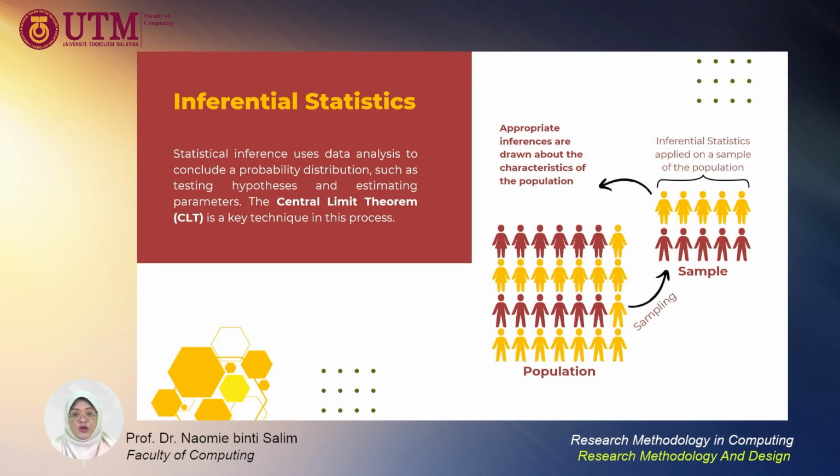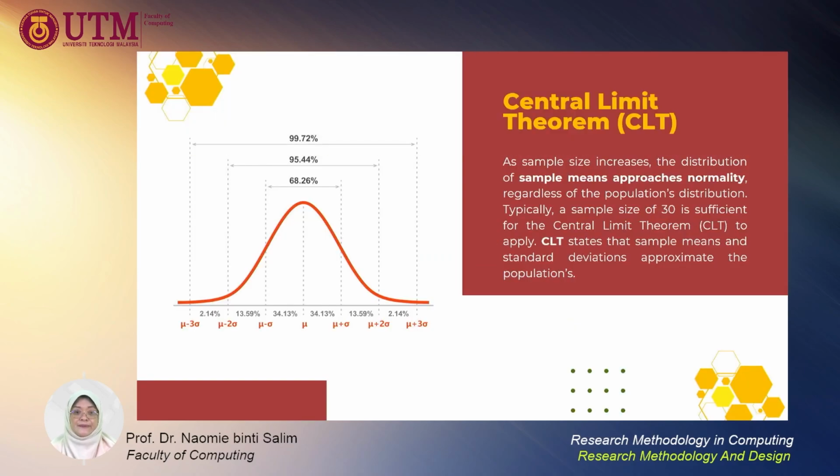So we can draw appropriate inferences about the characteristics of the population by taking a sample and then applying a statistical model on the sample of the population, which can help us infer what actually happened, or we can use the models that we have developed on the sample to explain or describe the population that we want to study.